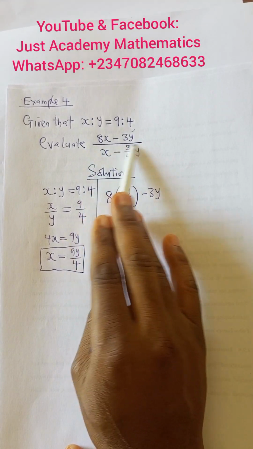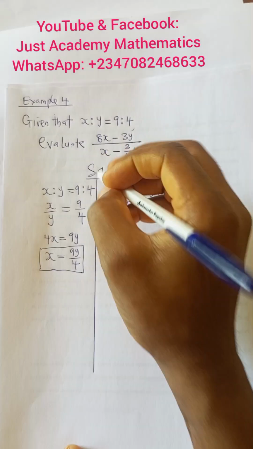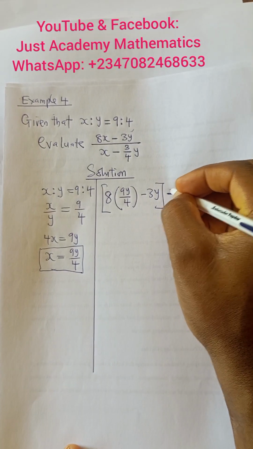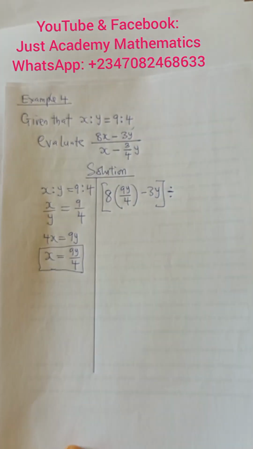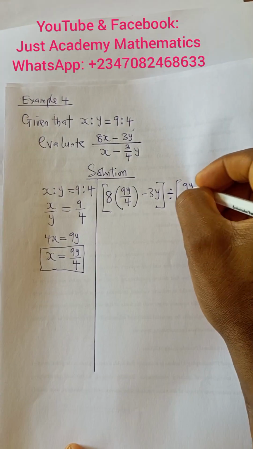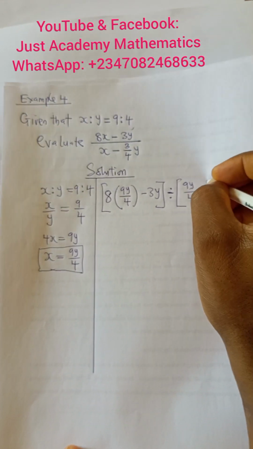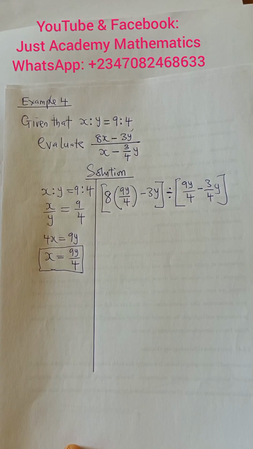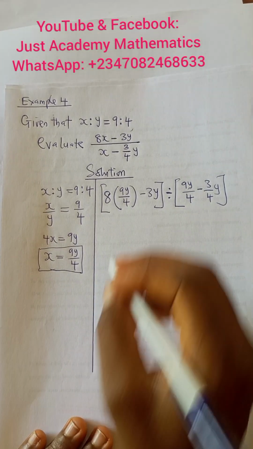This divide are all over. I want to present it like this. Divide by, to avoid it being so long. Then what is S again? 9Y/4 minus 3/4Y. So that what we are solving is now more clearer.